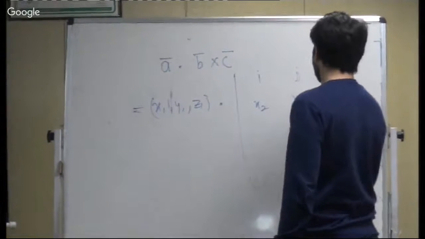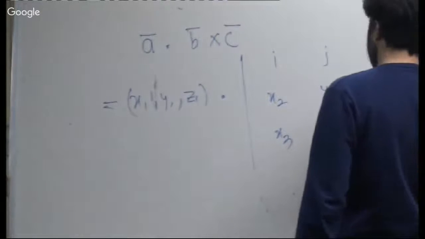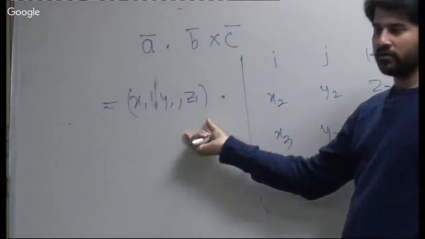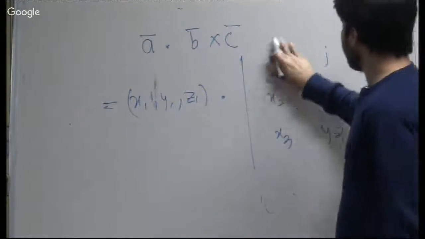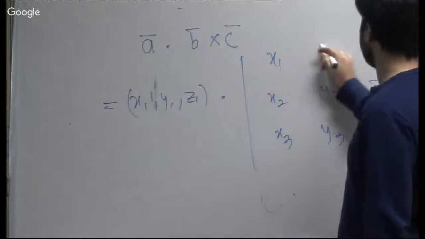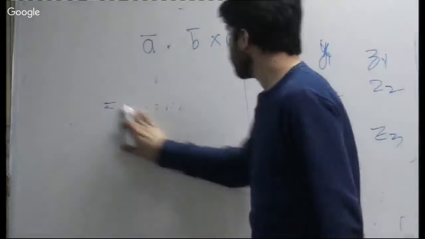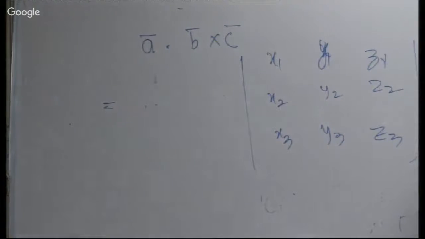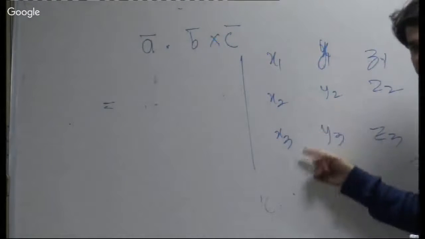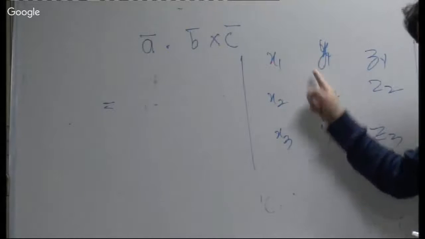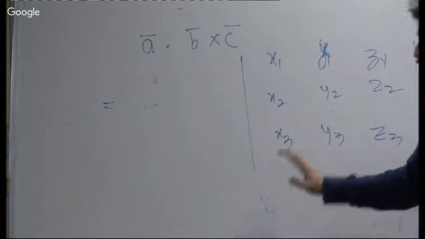Now I am taking a dot, so this will interact with this, and so basically this becomes your volume. Understood or not understood? They are in a right-handed system. If you arrange them the other way around, it becomes negative, right? For the right-handed system it will always be positive.